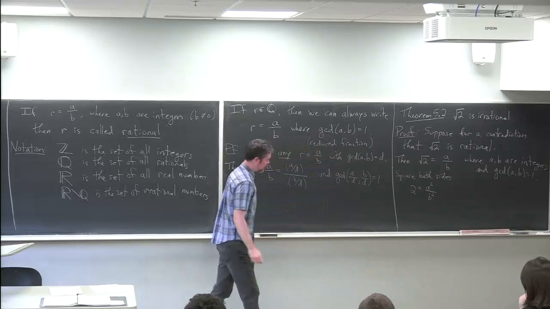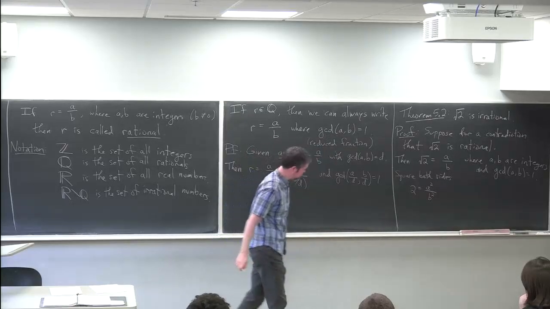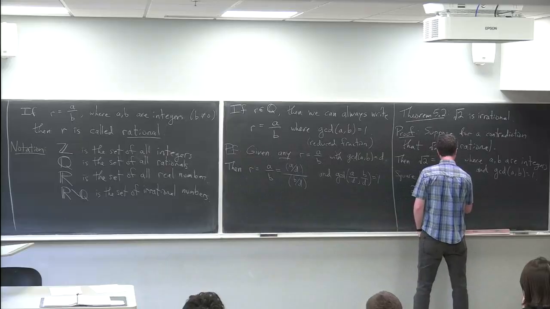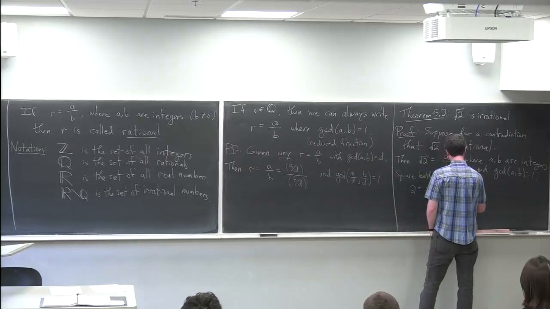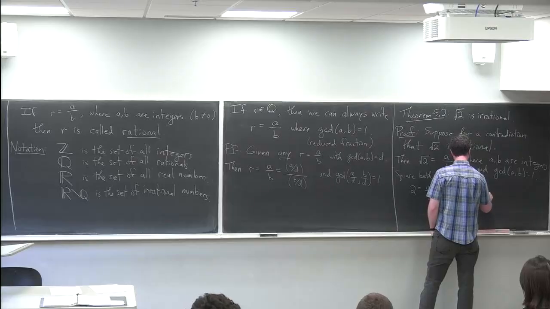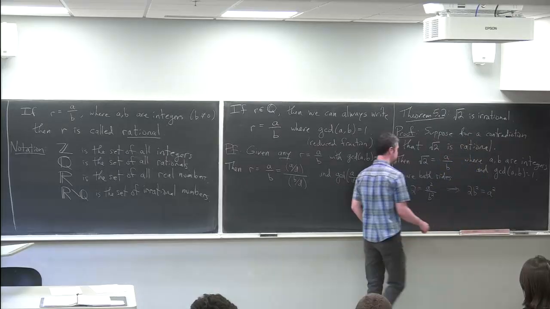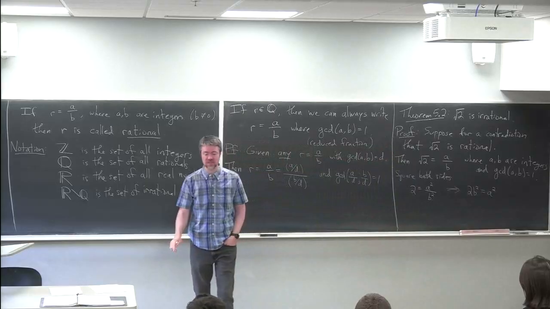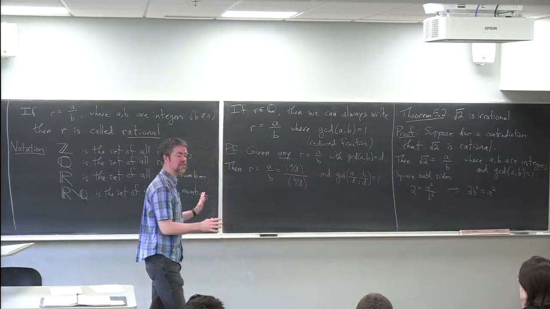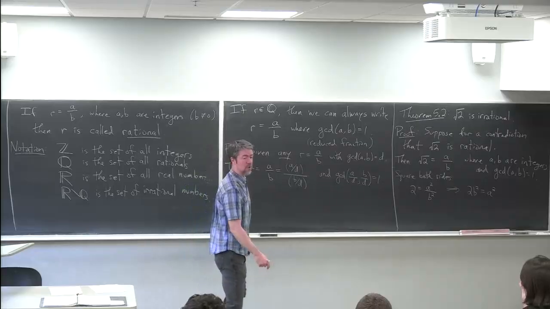This is good because it's really an equation about integers. In fact, you can make it even better. This would imply that 2b squared is a squared. Now this is really an equation about integers, no division or anything. And we just have to figure out what's wrong with it.